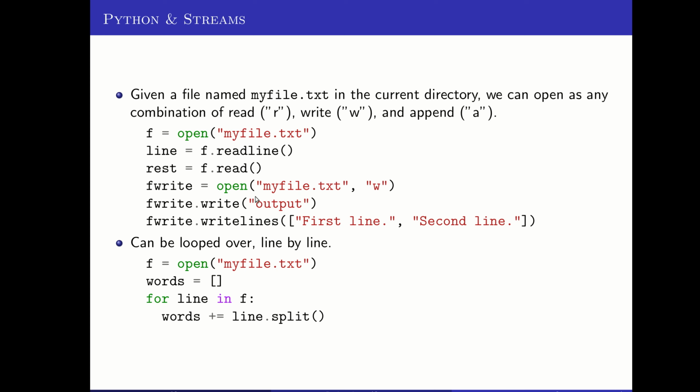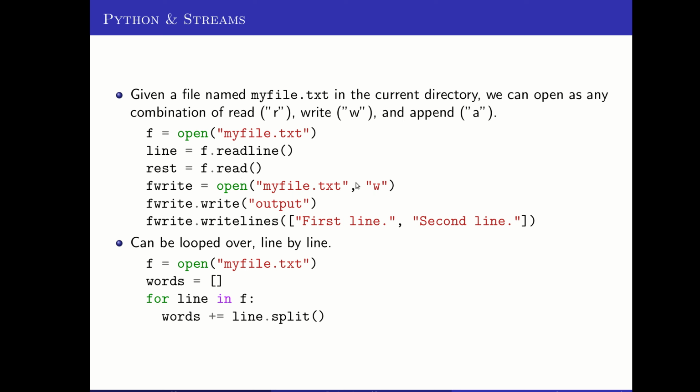Now, this will overwrite the file as it currently exists, and I've also done something bad here in that I didn't close the version that was opened for reading, and this is a common issue in Python programs or in lots of different programs, that we open a file and we don't close it, and then by the end of our program, we've maybe even run out of the available file identifiers that we're able to use. So this is bad structure here, where I didn't close the reading version of the file.